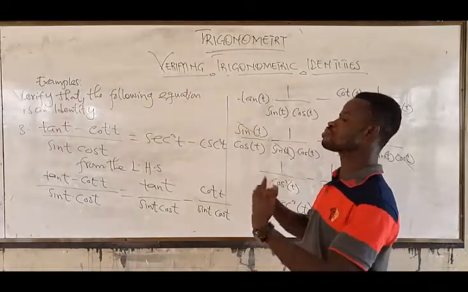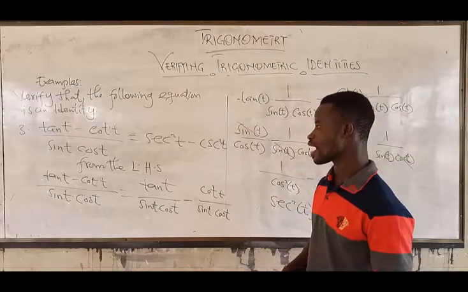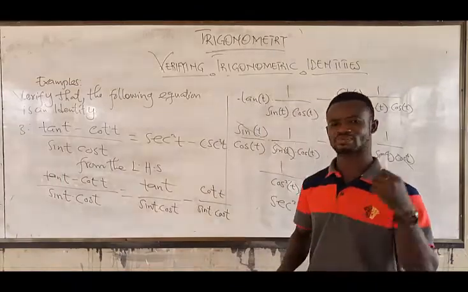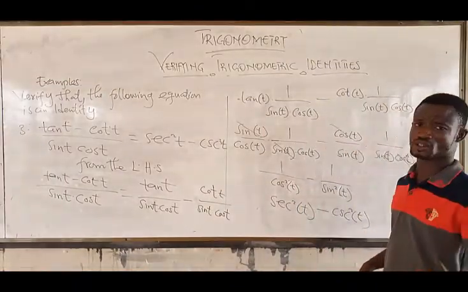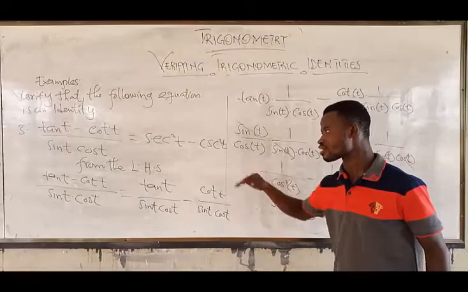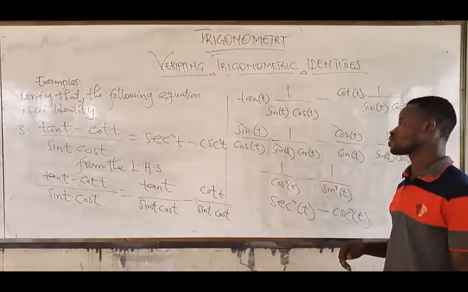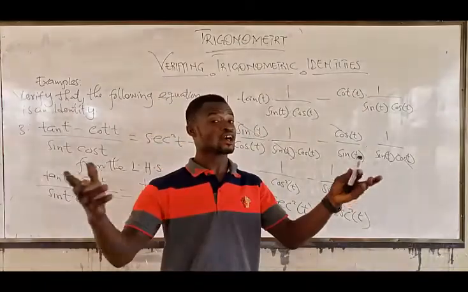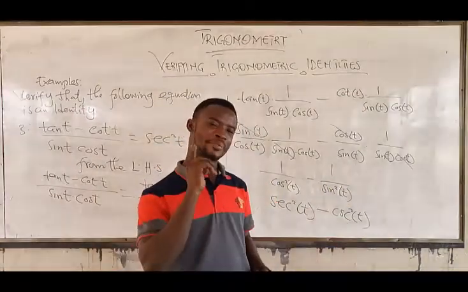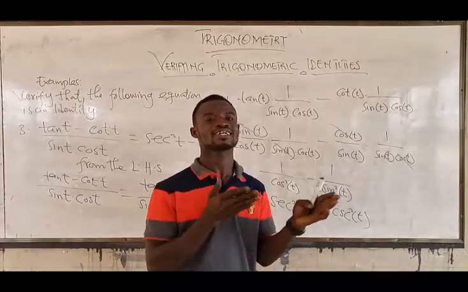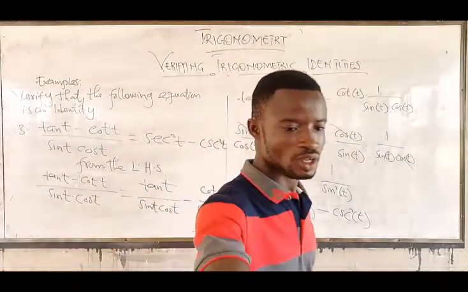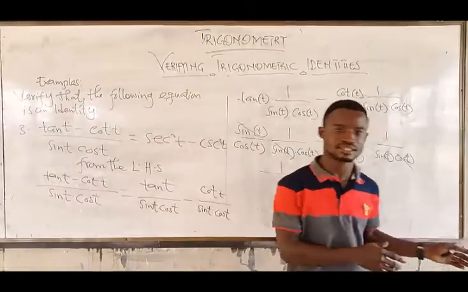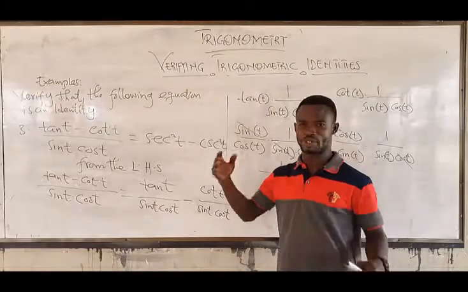Someone can choose another method, by not first dividing this by this, and he or she can also reach the identity we are looking for. So no matter the alternative way that you go, make sure that it is in line with all the 6 hints, because you can't go beyond that.